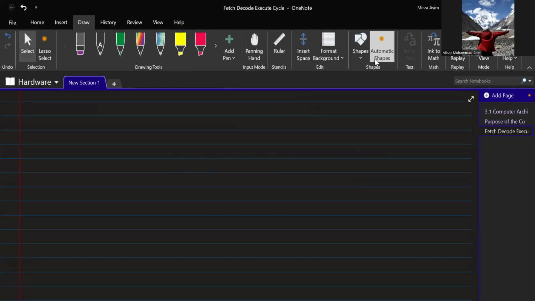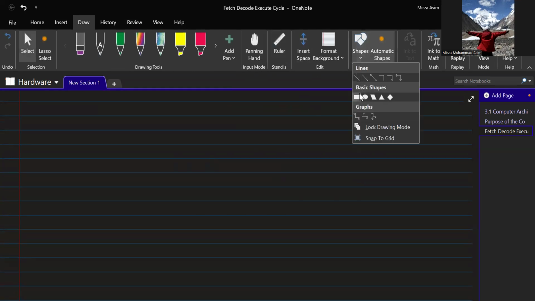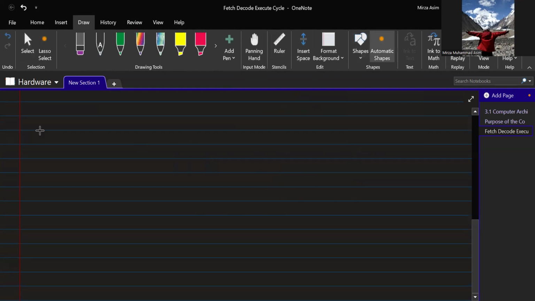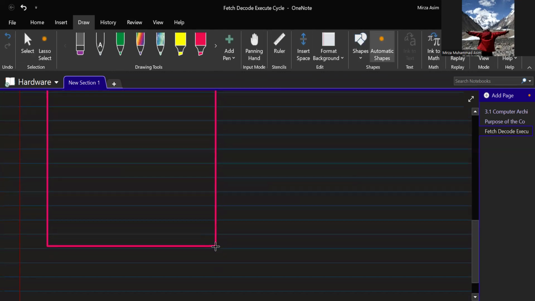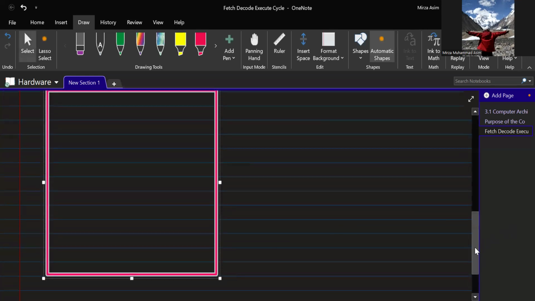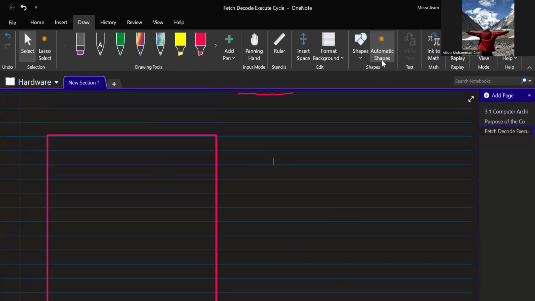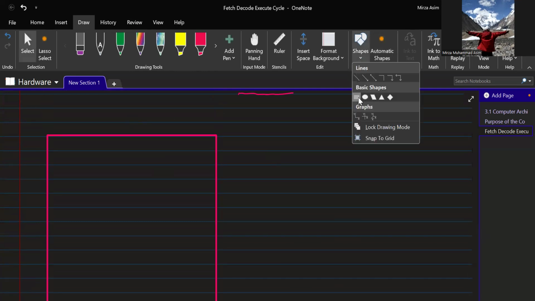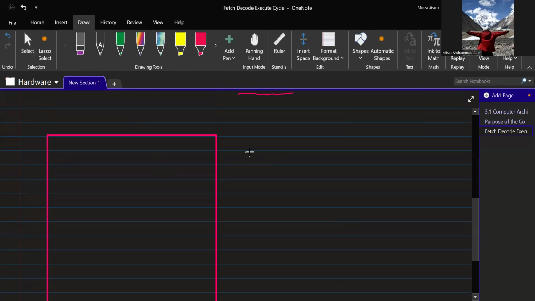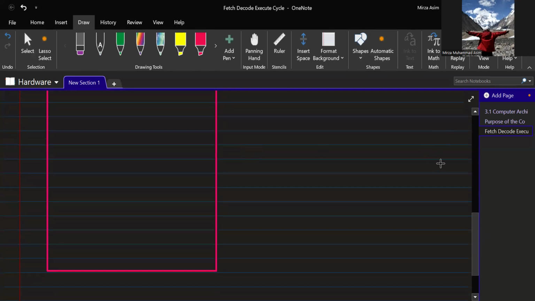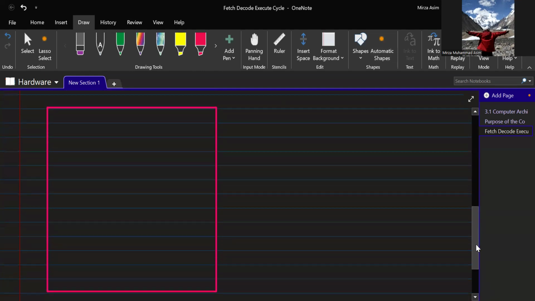Okay, so I'll take some time to make this diagram because that will clear your concepts, right? Let me save the time, so let me make it with my pen stylus.